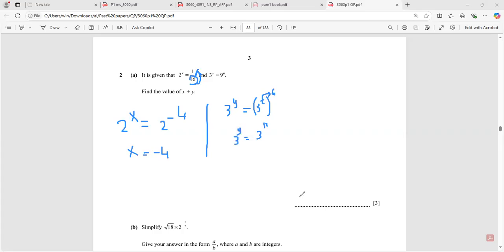So now x plus y will be -4 plus 12. It should be equal to 8. And done. Let's see the next.